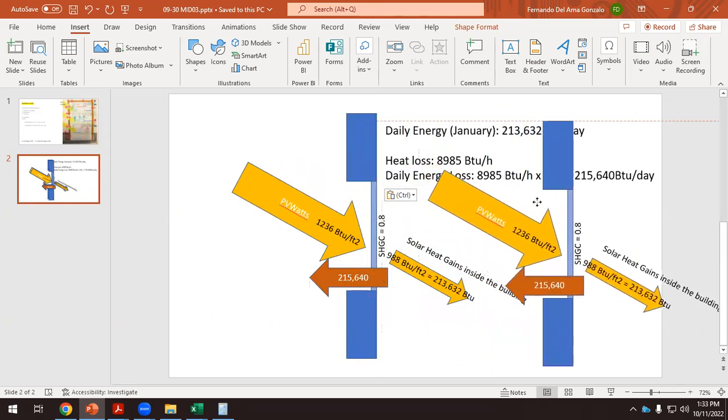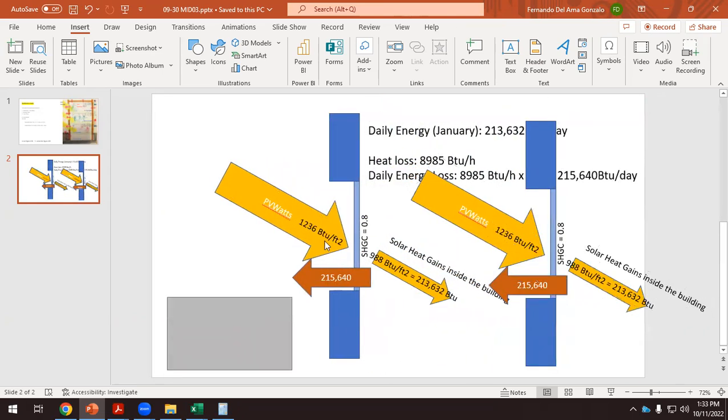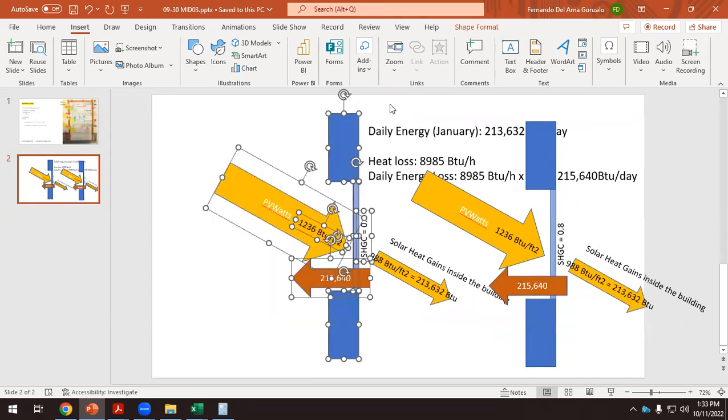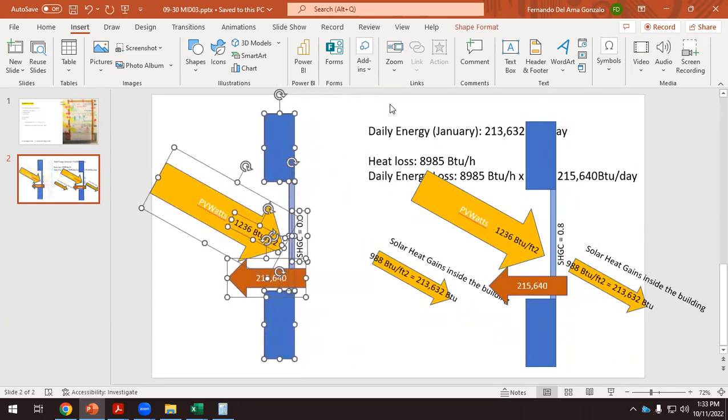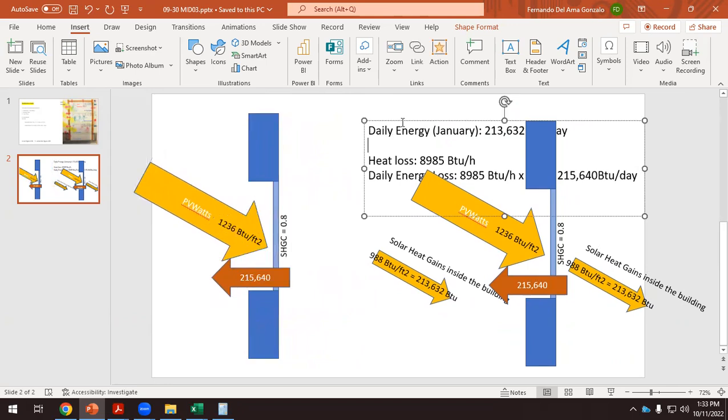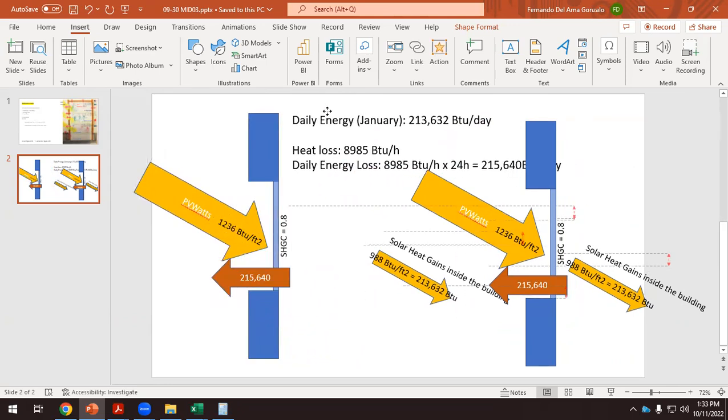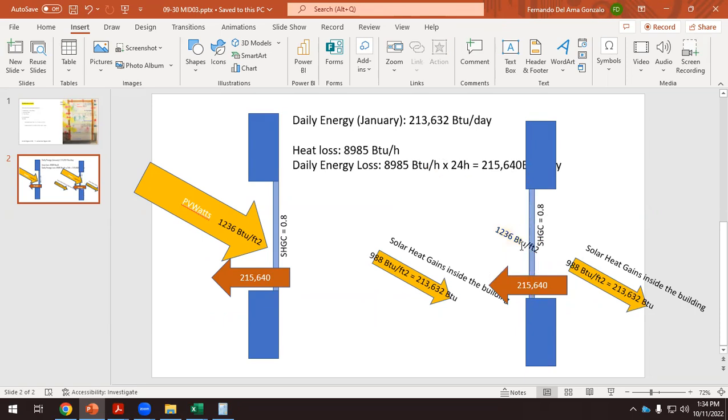Okay, if I had a northern window, this is the south. This is it, and this is the north. So in the northern window, I have the same glass with the same solar heat gain coefficient. That's perfect, but this arrow doesn't exist.